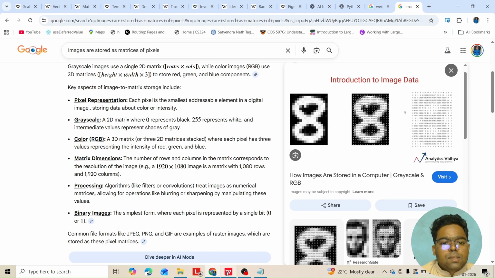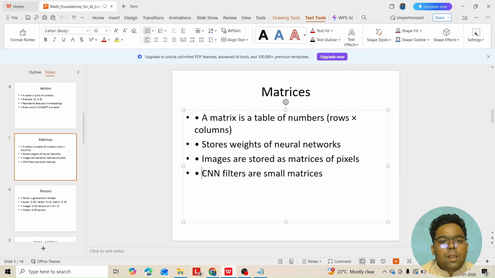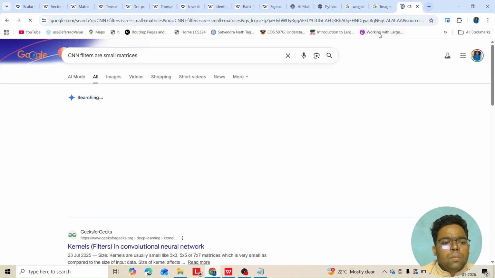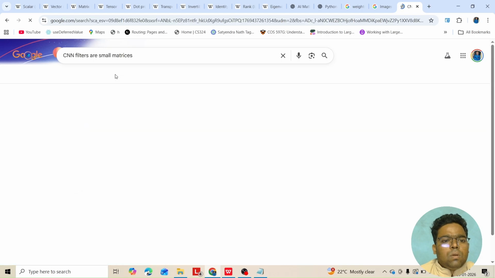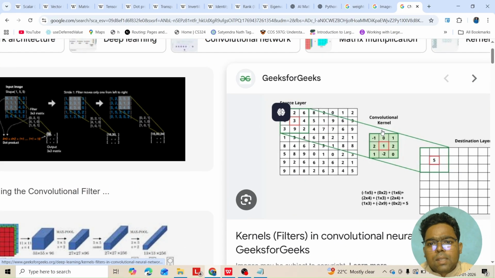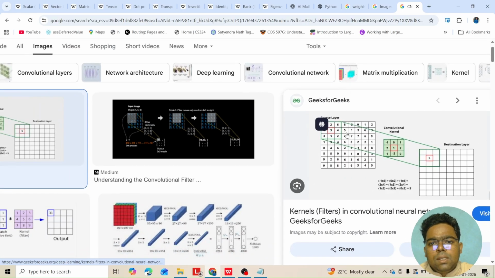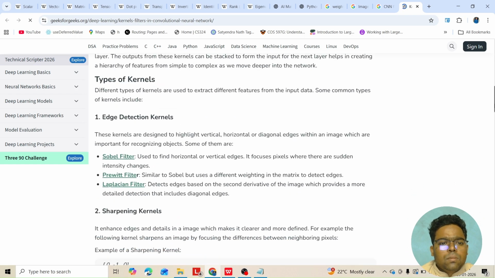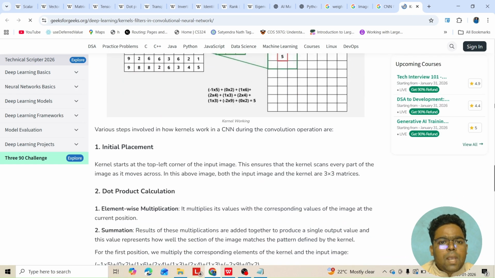So let's see the next term: CNN filters are small matrices. If you look at a CNN filter, that is nothing else but a kernel or filter in a CNN.